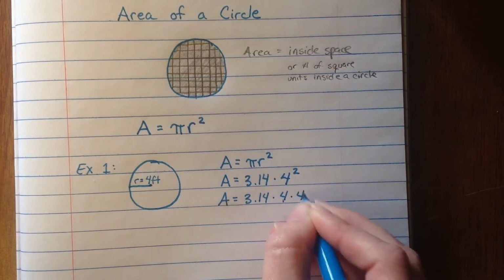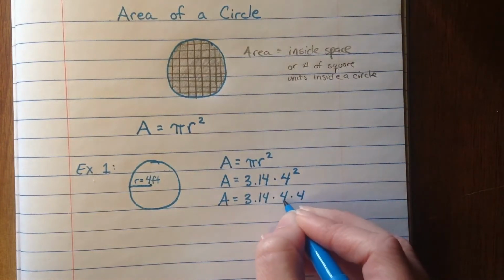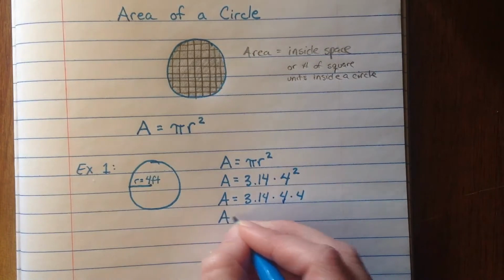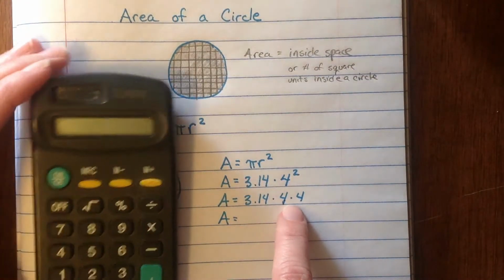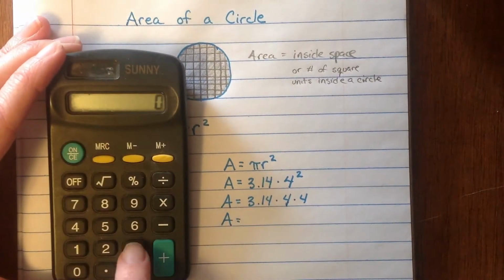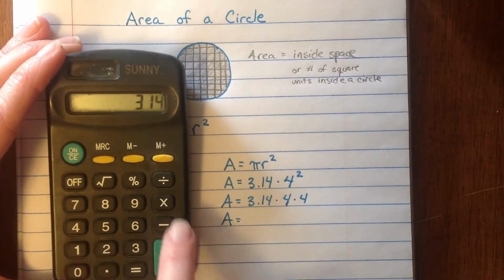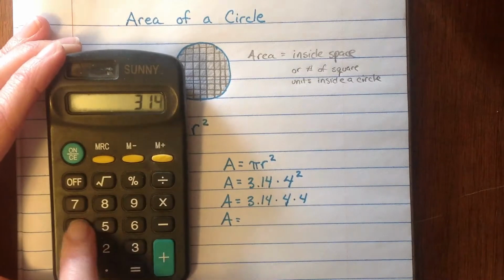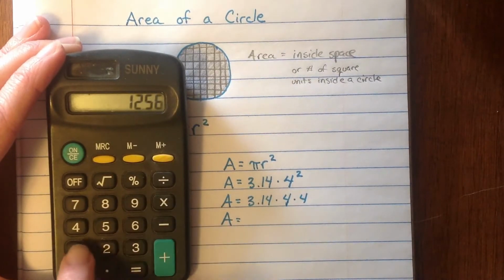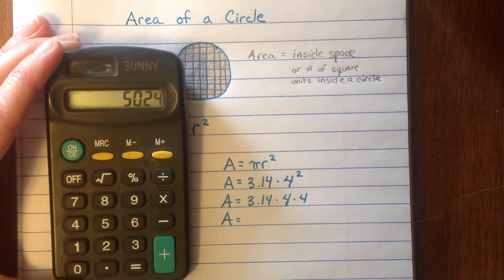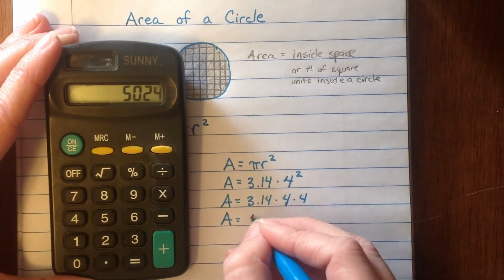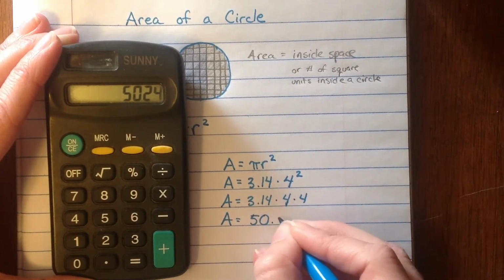That just means to write this number twice. And now, just like with circumference, we're going to grab our calculator and we're going to type in this set of numbers. So I'm going to do 3.14 times 4 times 4. I have to multiply it twice because it's being squared. Press equal, and my answer is going to be 50.24.